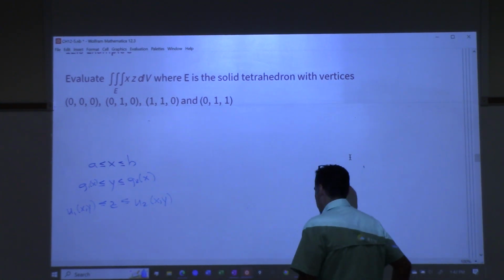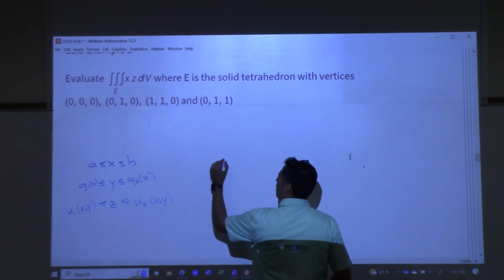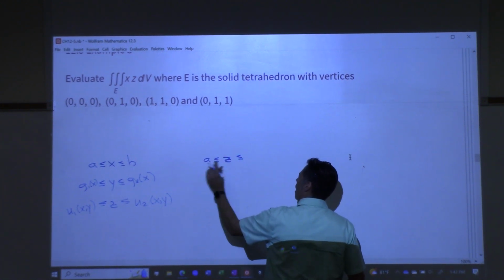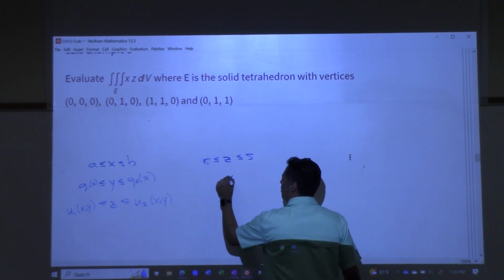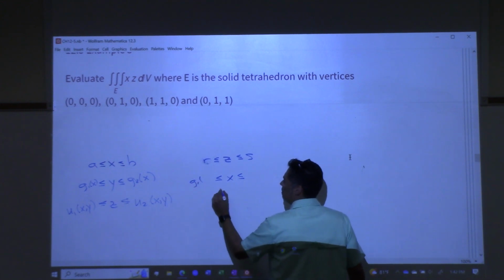So I could do this. z is between two constants, right? Let me go R and S. And then I could let the x be between two functions of what?